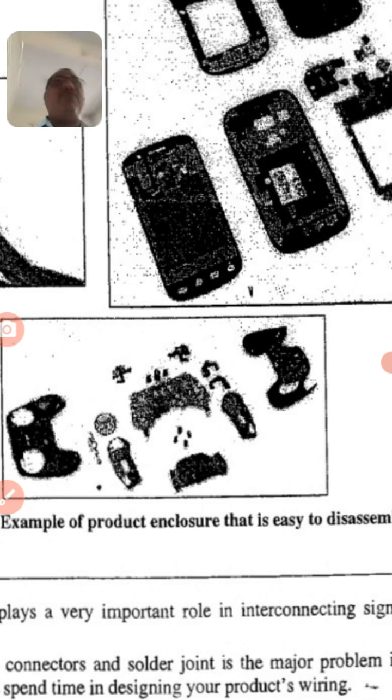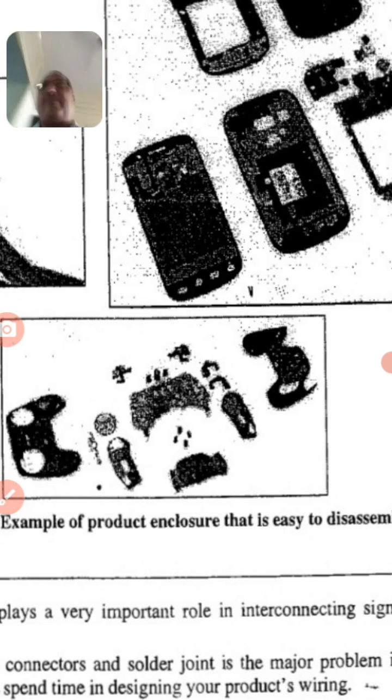A product will be better if you minimize the number of manufacturing points. Design for manufacturing means the number of individual components you are designing. That is designing for manufacturing.